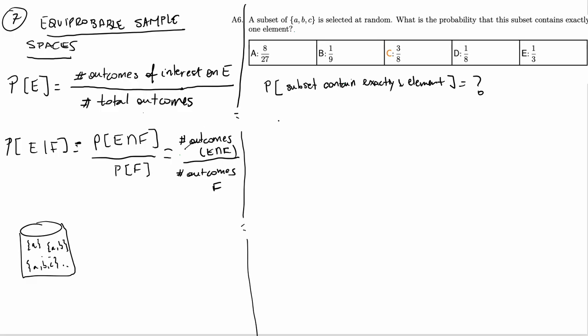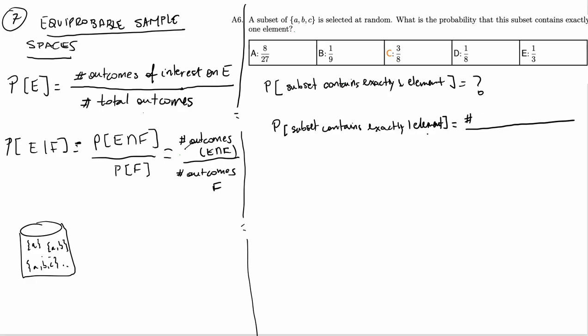To calculate the probability of this event, the ratio is where we have to go: the things that interest me divided by the total number of things. So the probability that the subset contains exactly one element will be given by a ratio of the number of subsets, or outcomes, of interest. What interests me?